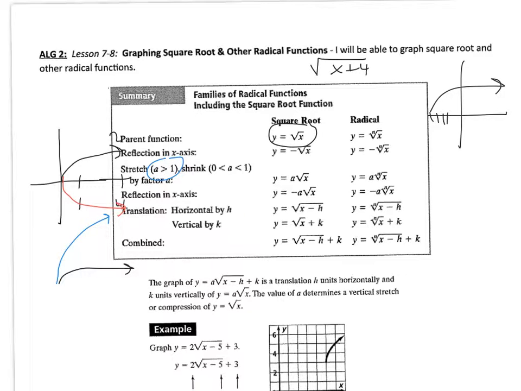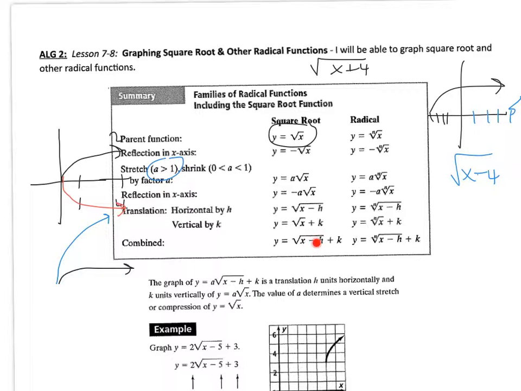And if you had the square root of x minus 4, it's going to be shifted to the right 4. And then if it's outside the square root, it's going to go up and down. So if it's positive, it's going to go up. If it's negative, it's going to go down.